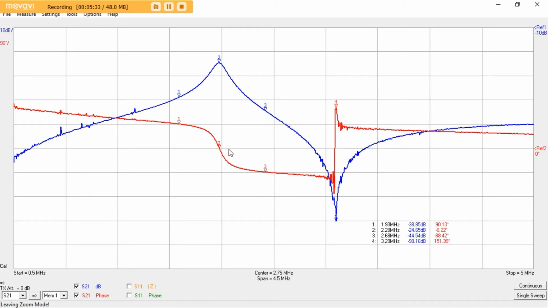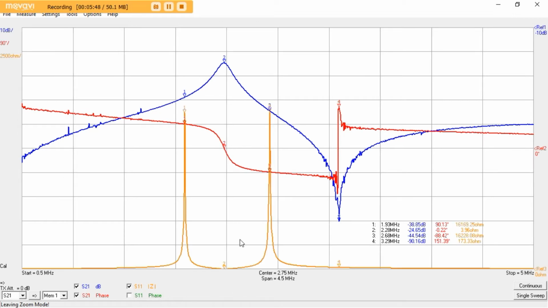Obviously, that is at a resonant point. The phase is approximately 0. So if we look at the magnitude, that would correspond to this series input resistance.